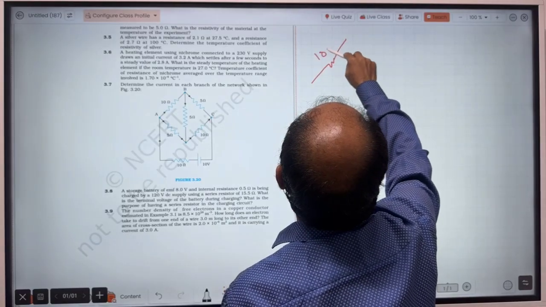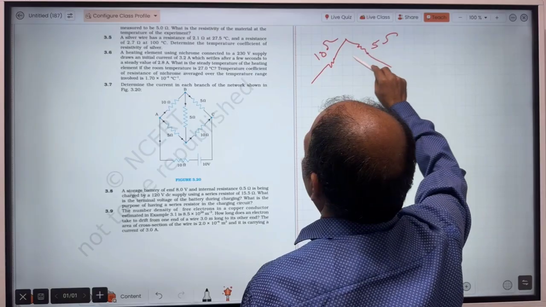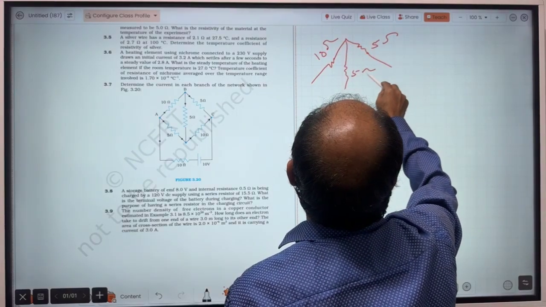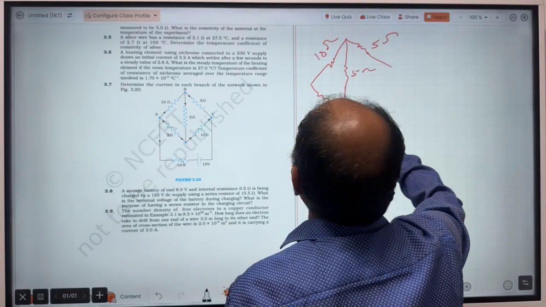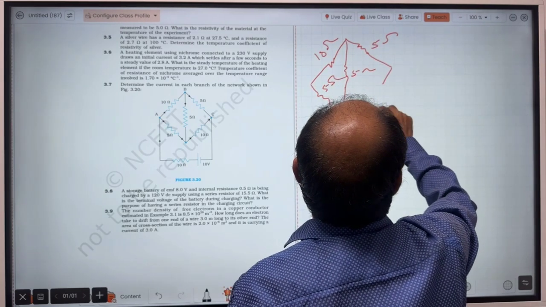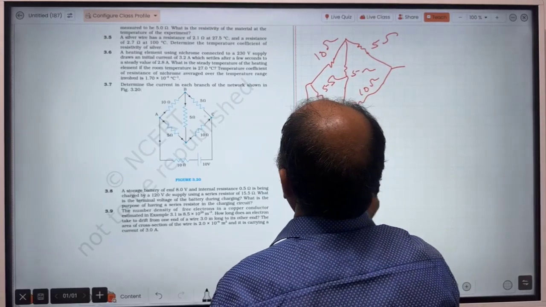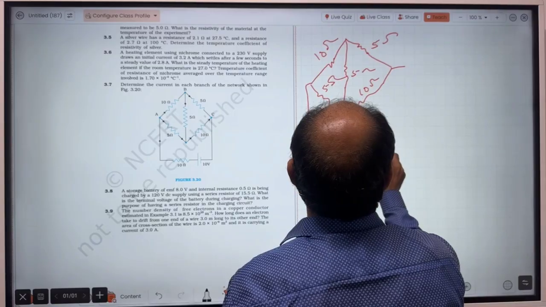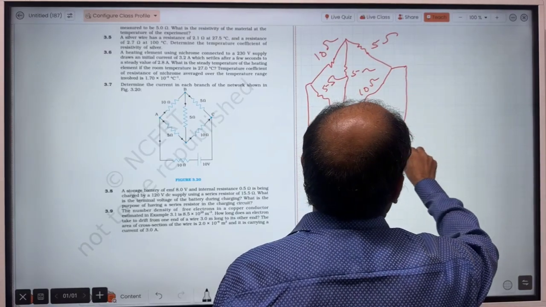This is 10 ohm, then here this is 5 ohm, this is 5 ohm, here this is also 5 ohm, and this is 10 ohm, and then it is connected through a 10 ohm resistor here, and then there is a battery of 10 volt, right?